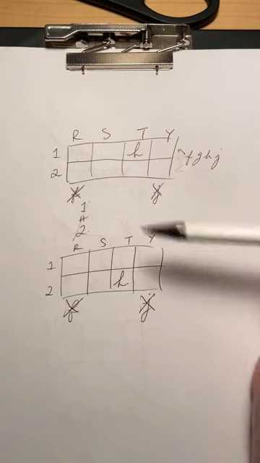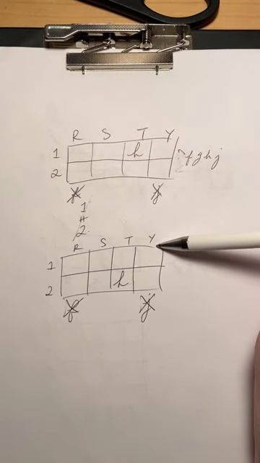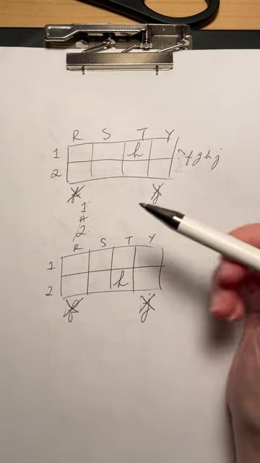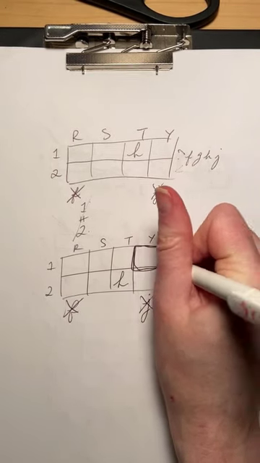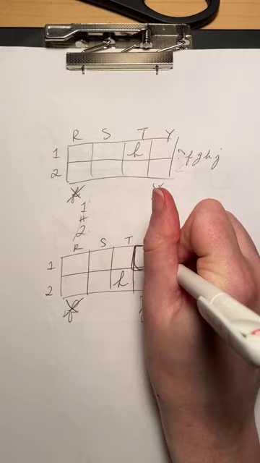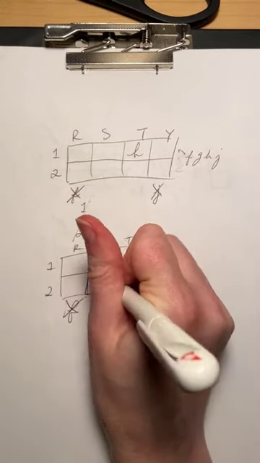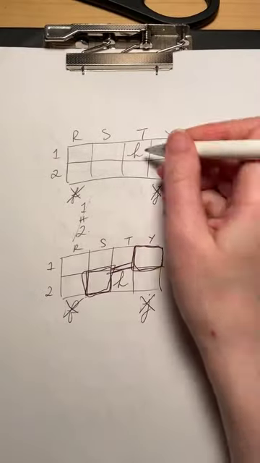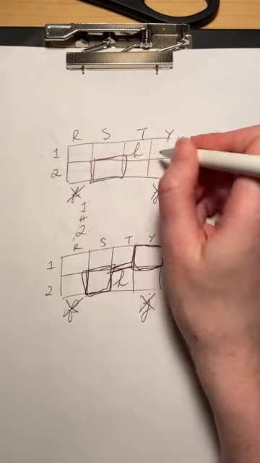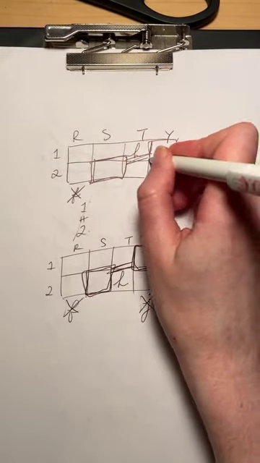And the bicycle that Y tests on the first day, so this one right here, must be tested by Seamus on the second day. So these two have to be the same bike.